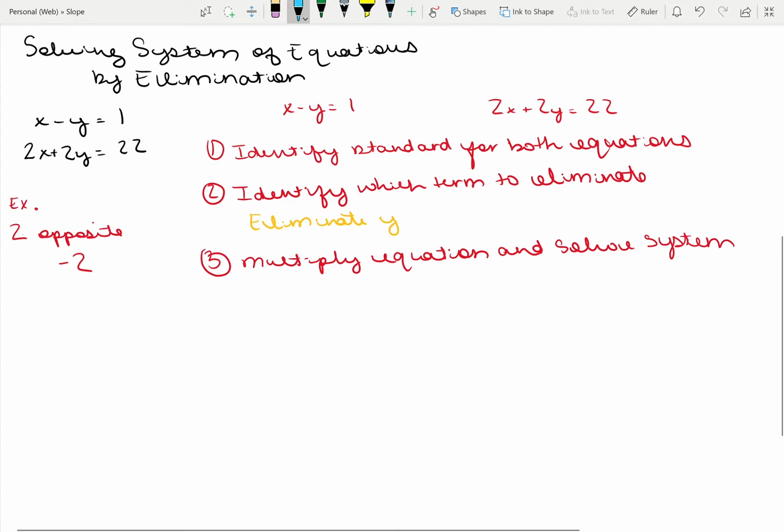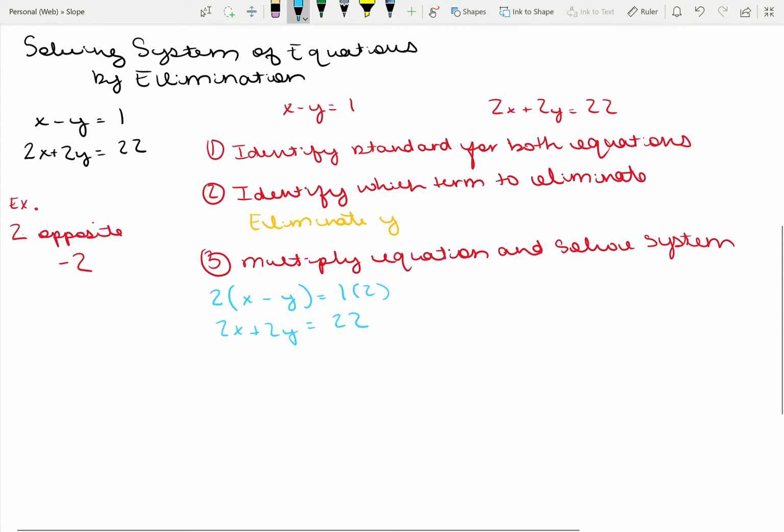So if I change my color here, I have 2 times x minus y is equal to 1 times 2. Of course, if I multiply on one side, I have to do the same on the right hand side. And then I'm just going to rewrite my second equation because that does not change.